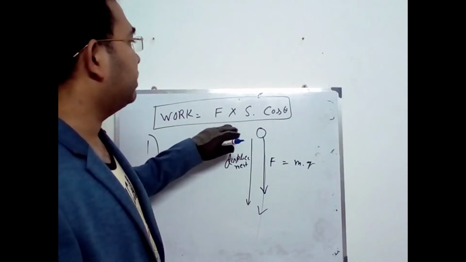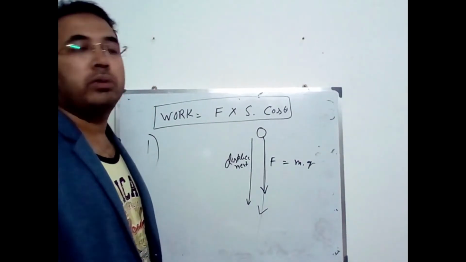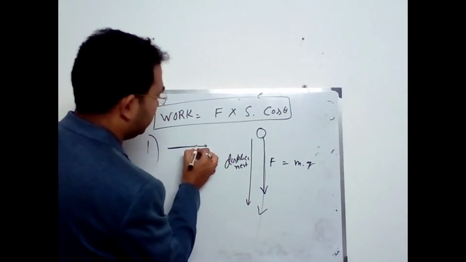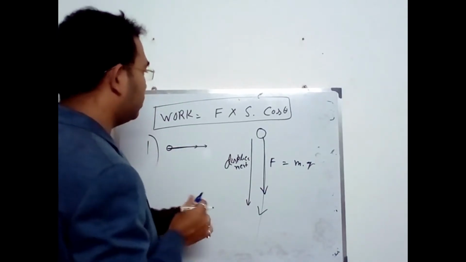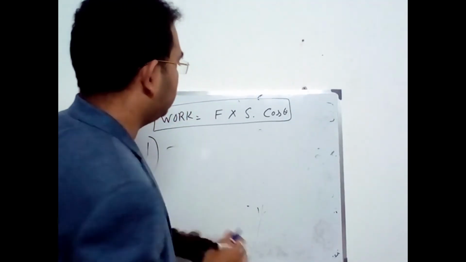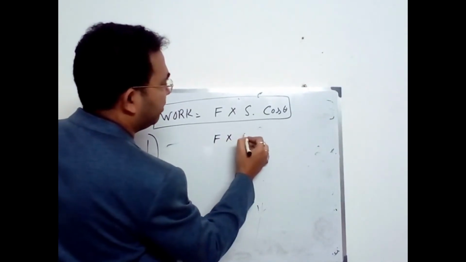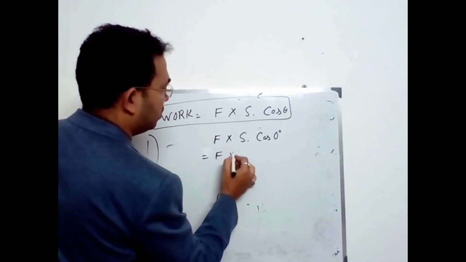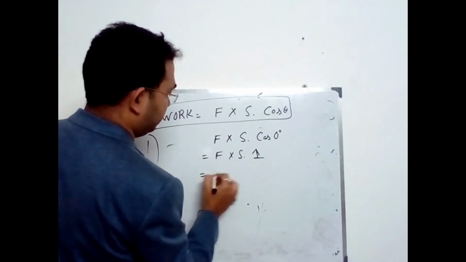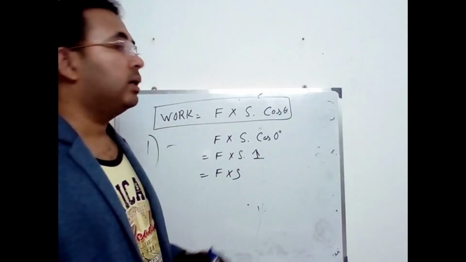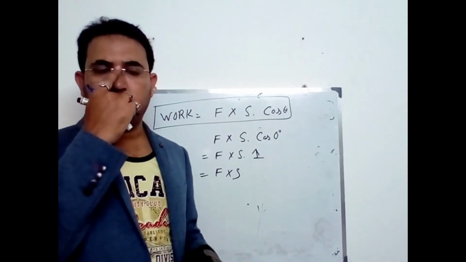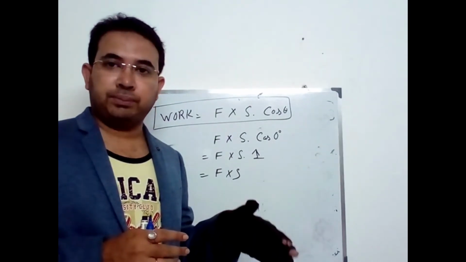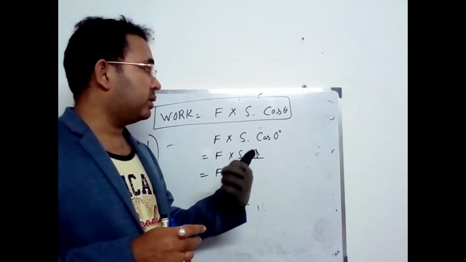আচ্ছা, তো আমরা এখানে দেখলাম তাহলে cos থিটা, তো এখানে cos থিটার ভ্যালু কত? যেদিকে আমি ফোর্স অ্যাপ্লাই করছি সেদিকেই আমার ডিসপ্লেসমেন্ট হচ্ছে, তাহলে cos থিটা ভ্যালু কত? 0 ডিগ্রি। তাহলে এখানে আমরা বসাবো f into s into cos 0 ডিগ্রি। তো cos 0 ডিগ্রির ভ্যালু হচ্ছে 1। ওকে, তাহলে আমরা বুঝতে পারলাম যে when we apply force and if the body moves along the same direction of the force, in that case cos theta is 0 degree.